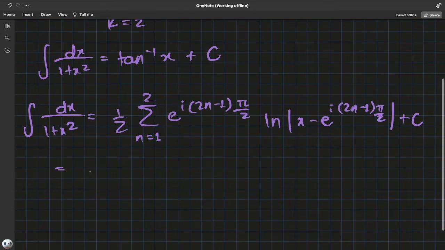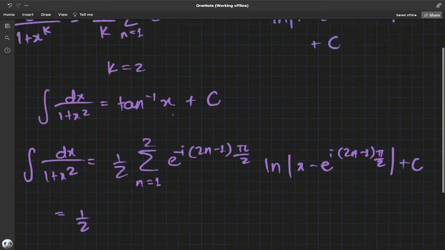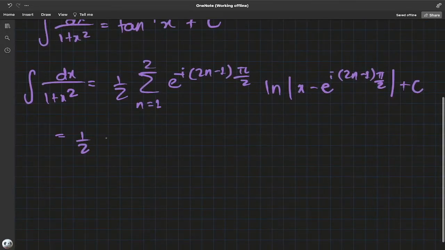So let's just write individual terms of this sum down. So 1/2. When n equals 1, we have a 1 here. And I believe there's a negative that we forgot. Yeah, there's a negative there.